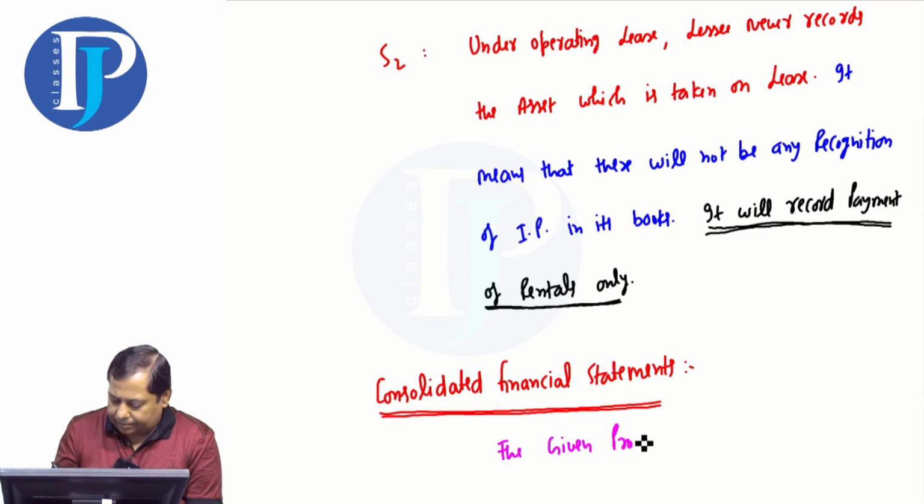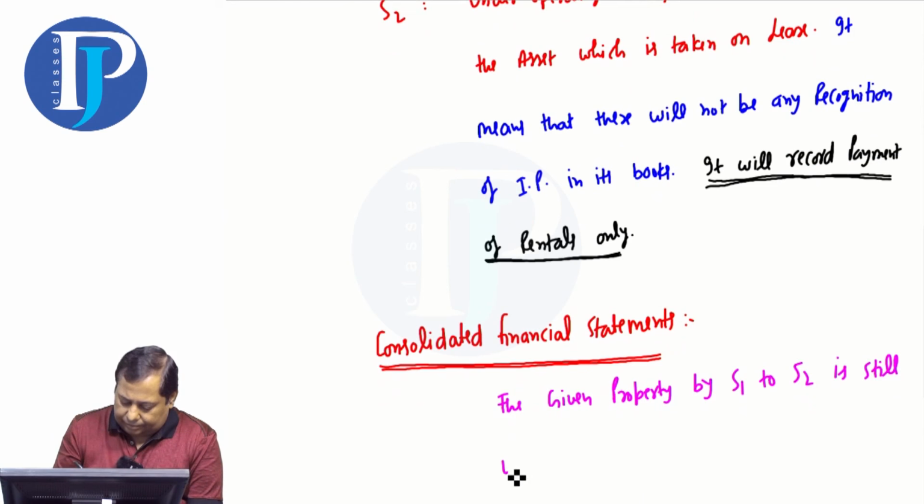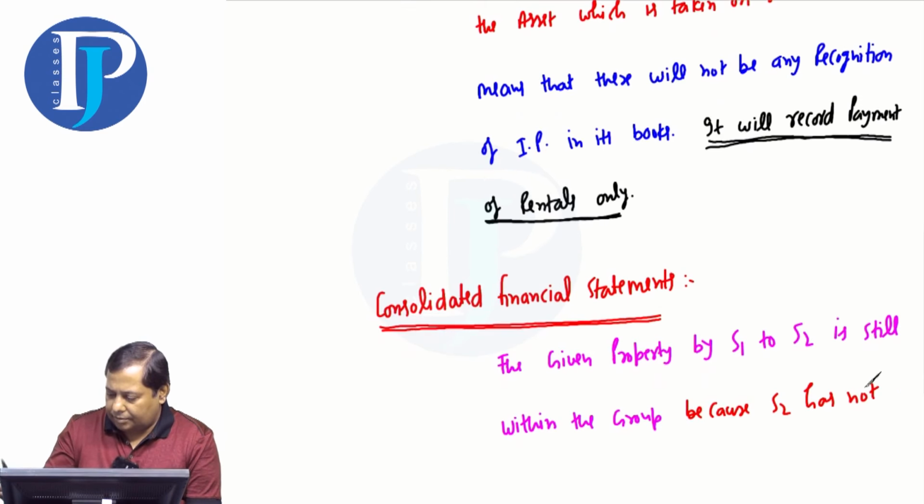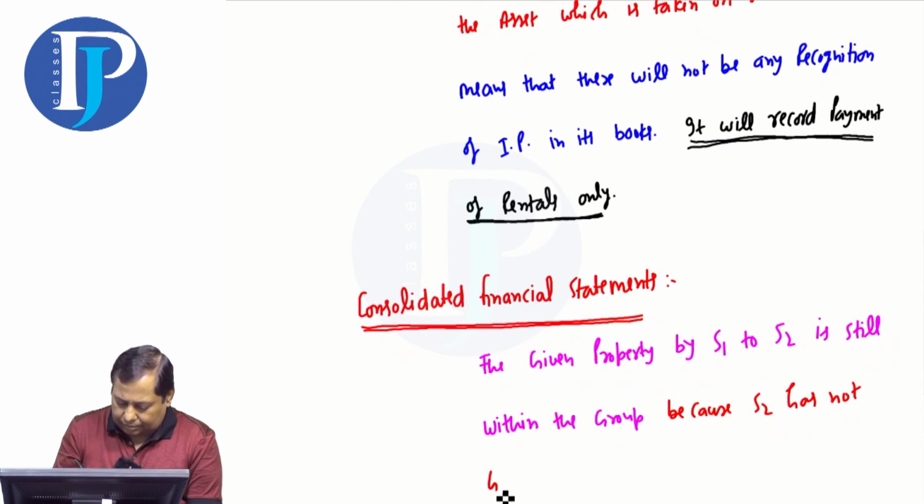The given property by S1 to S2 here is still within the group because S2 has not given it to a third party.